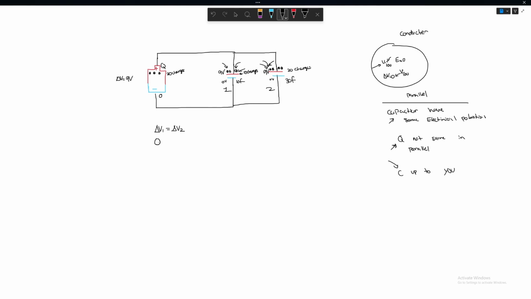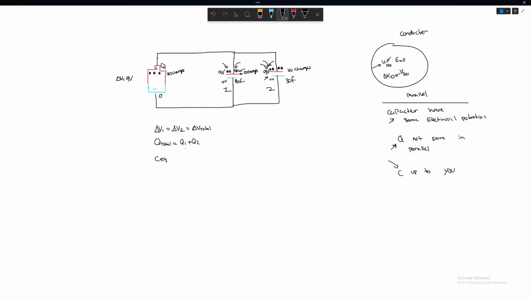Now my Q is not necessarily the same. And so what I can say is that Q total, the total amount of Q I have, equals the Q inside here plus the Q inside here. So that would be Q1 plus Q2. And my V1 equals my V2, which just equals my V total. They're all the same. And what does my C equal, if I were to combine both of these together?